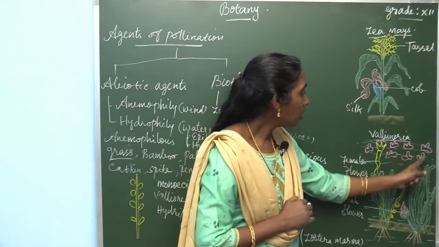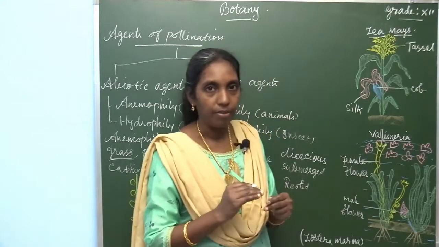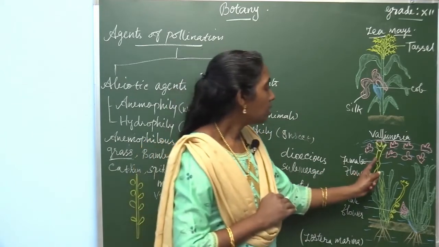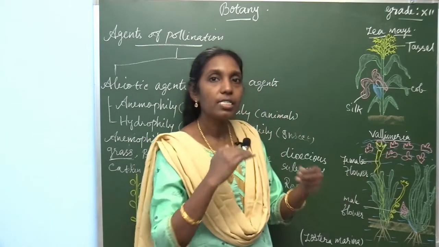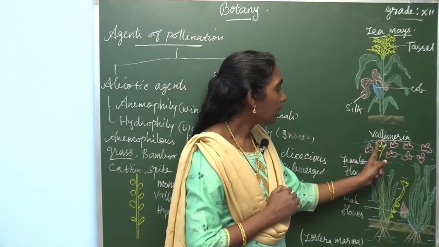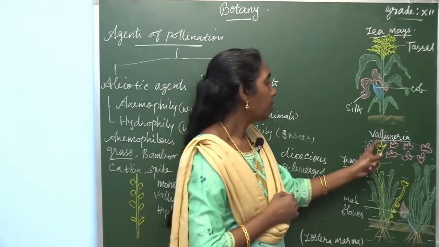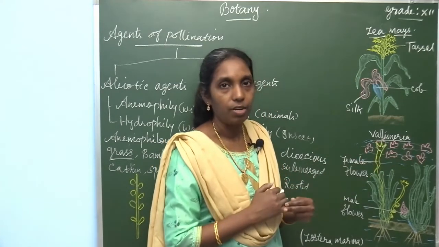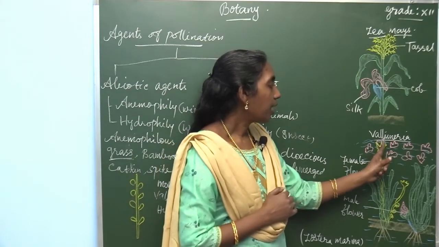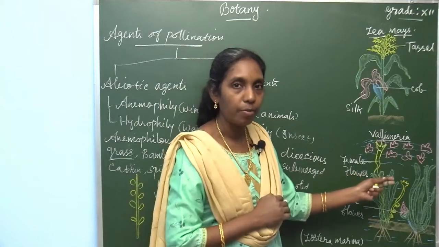So these are the male flowers and this is the female flower. When the male flower comes in contact with the female flower's depression, it gets pollinated effectively, attaching to the stigmatic surface of the female flower.